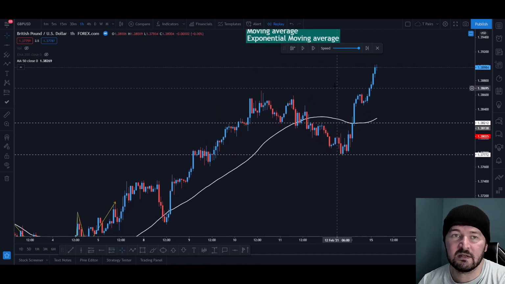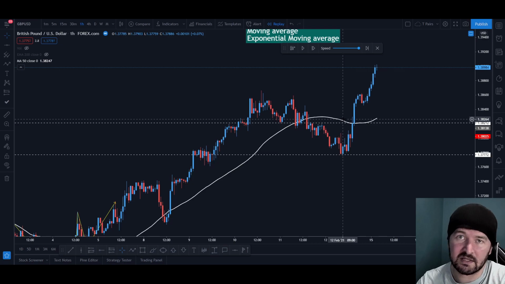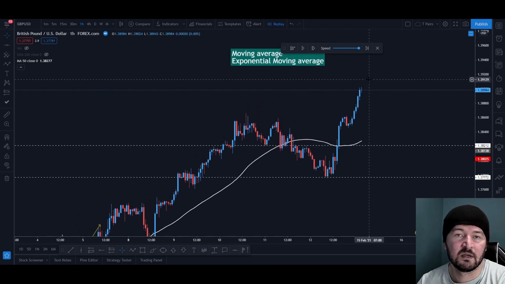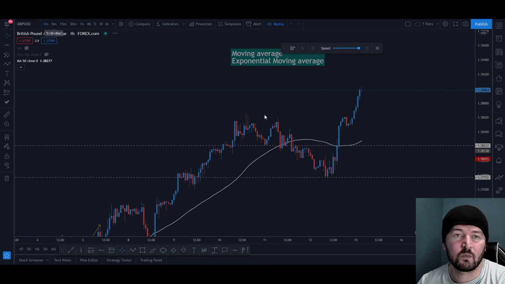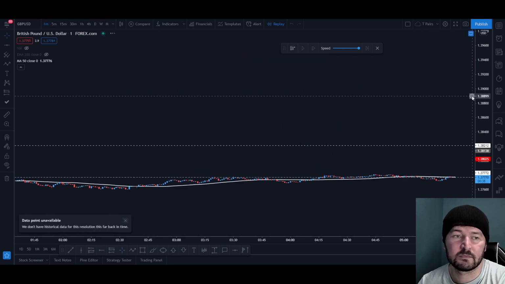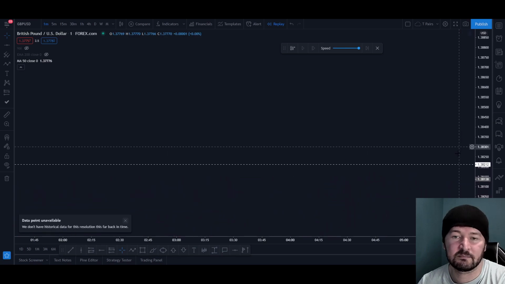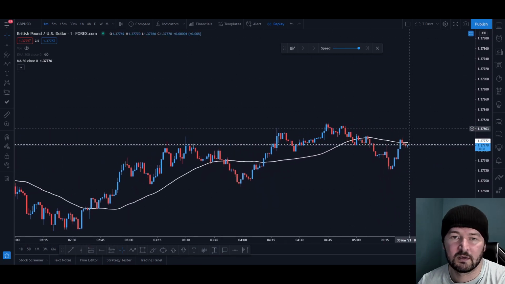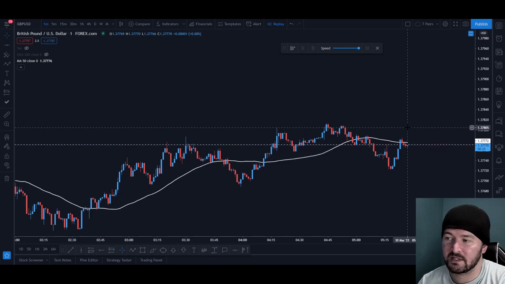Something like the 50 or the 200. Basically the 50 just looks at the average of the last 50 candles. Let's switch to the 1 minute so I can really demonstrate this. The time is currently 5:27 in the morning. I've just finished my Asian trading session.